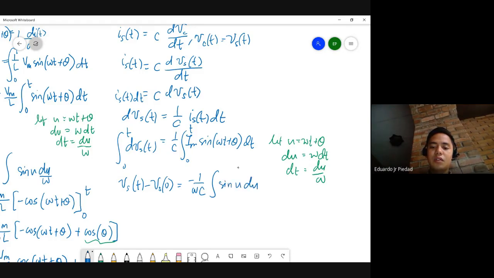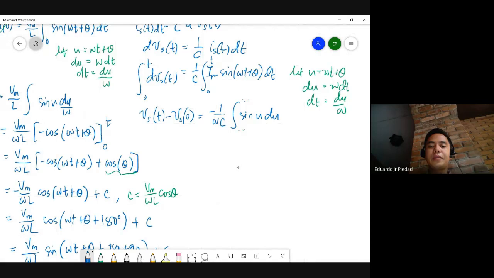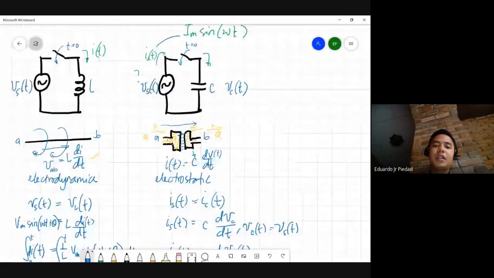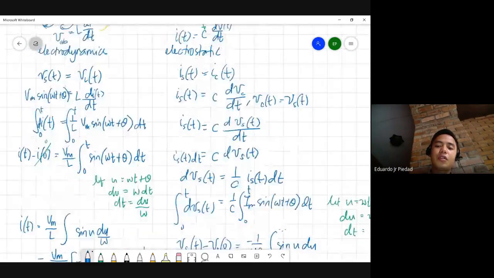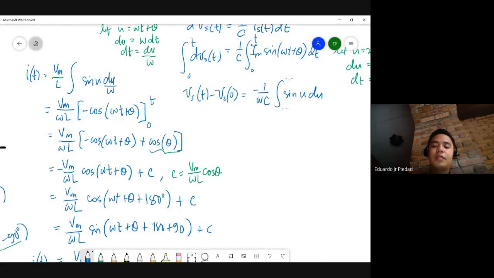So in a way, here are new values. By looking at the circuit and assuming initially there's no charge, before t equals 0 it is off, so we can treat this one as 0.